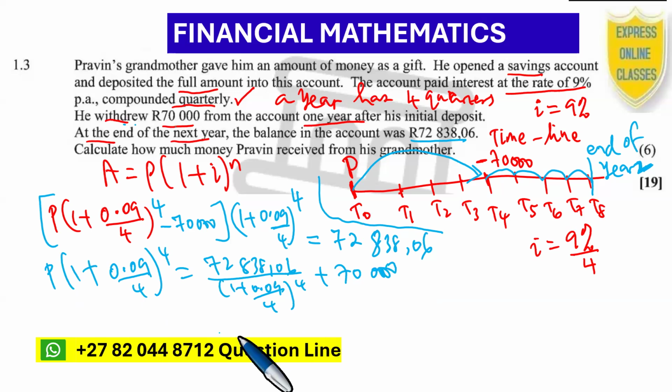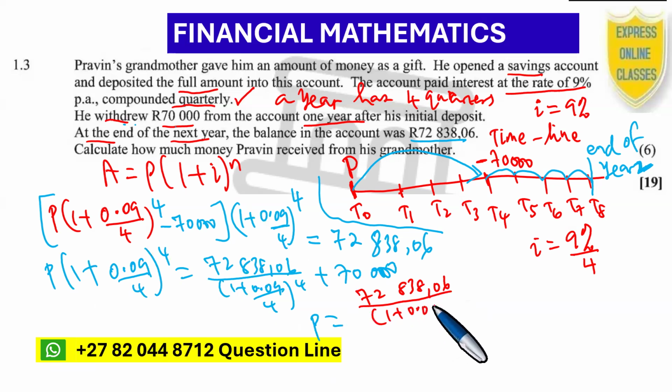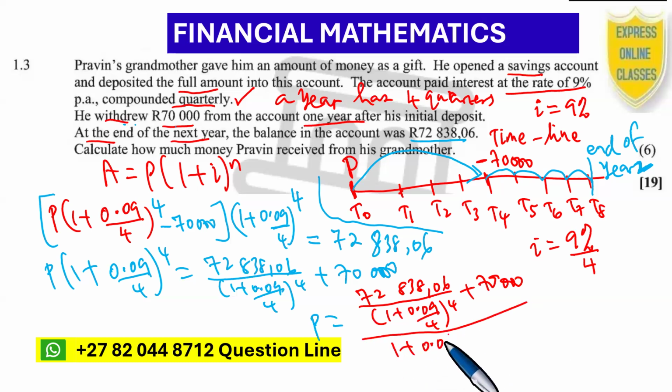Now, what you then do, you divide it by this, and then you move the 70,000, and then the present value, you're going to divide by this one. Using the red color, you take 72,838.06. You divide it by 1 plus 0.09 divided by 4 to the power 4, plus 70,000. You divide everything by 1 plus 0.09 divided by 4 raised to that, and this is equal to, let's just use a calculator.